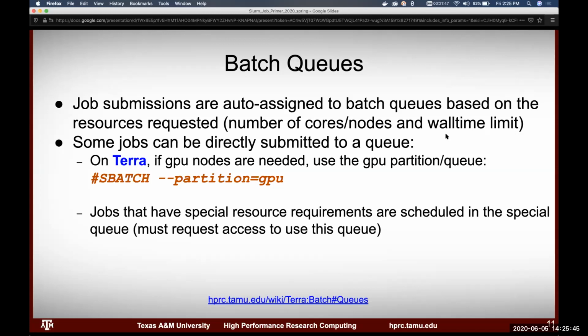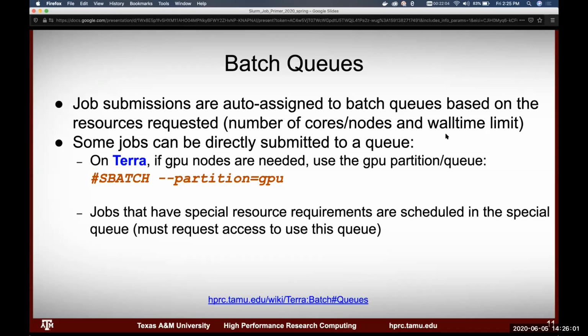Jobs that have special resource requirements can be scheduled in the special queue, but the special queue is a protected queue, so you have to have a little flag on your account to be able to access it. That starts with an email to us.